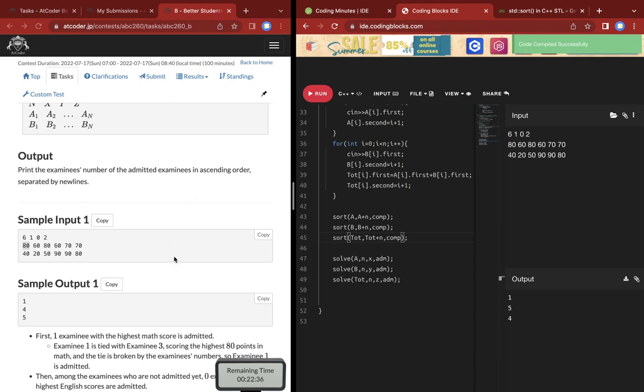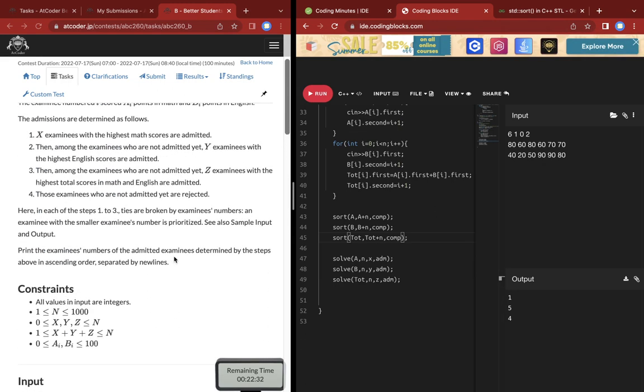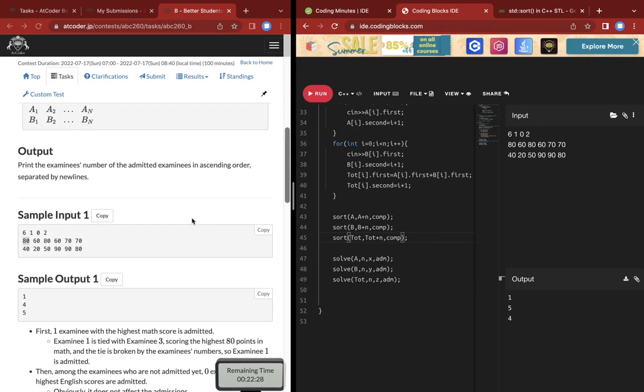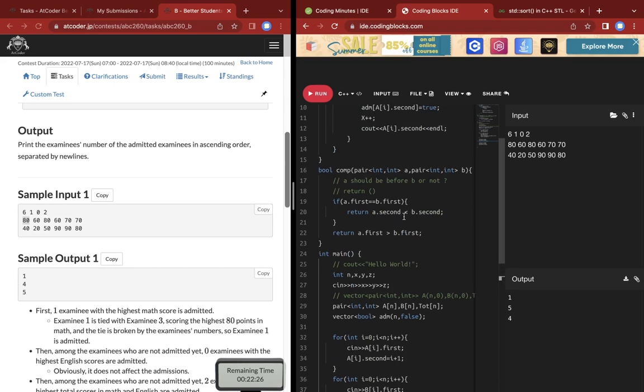One five four is wrong. Why is this so bad? But this is definitely wrong. Okay, right.